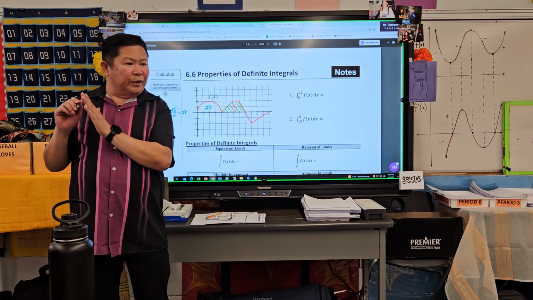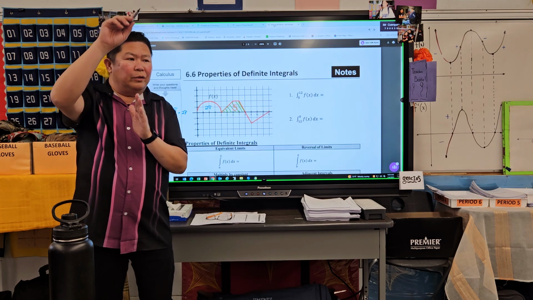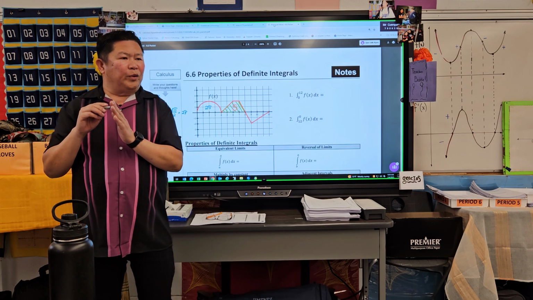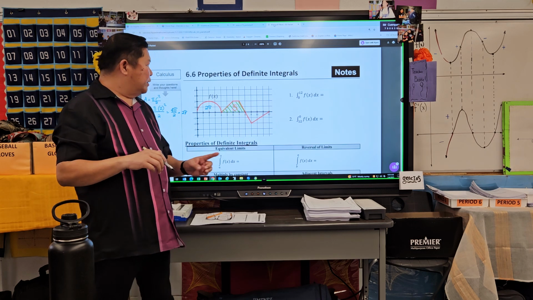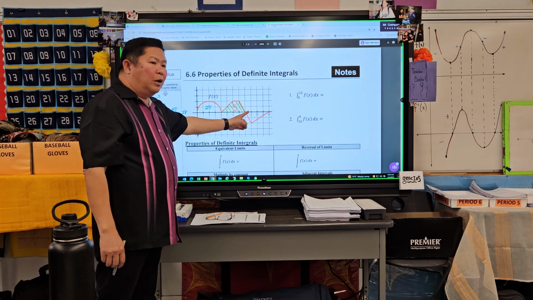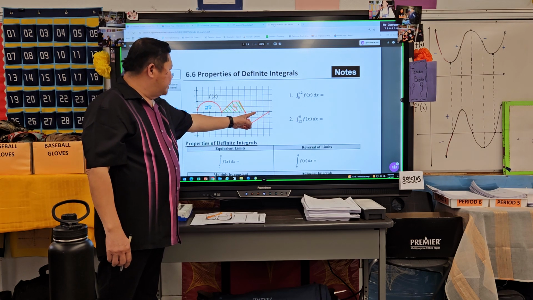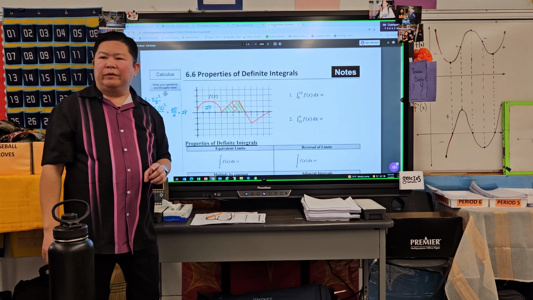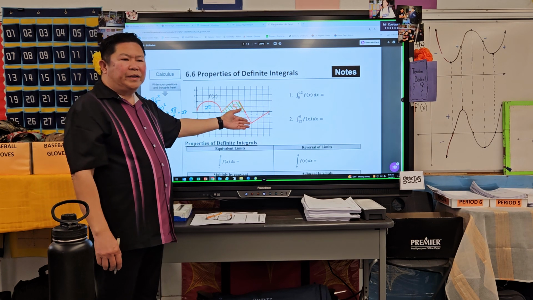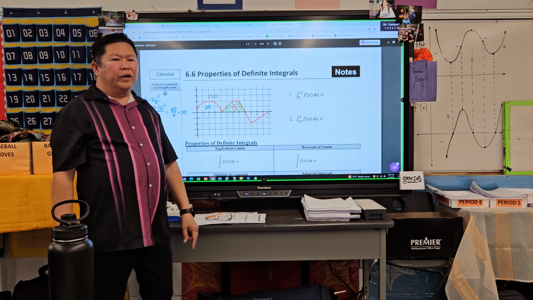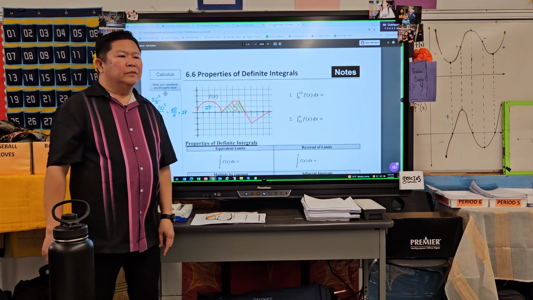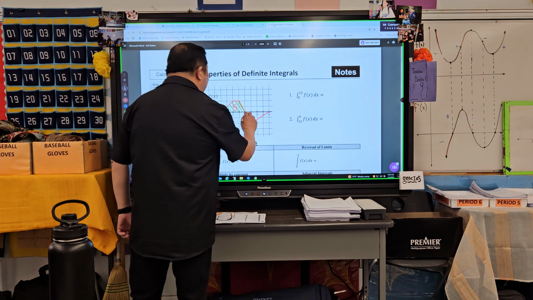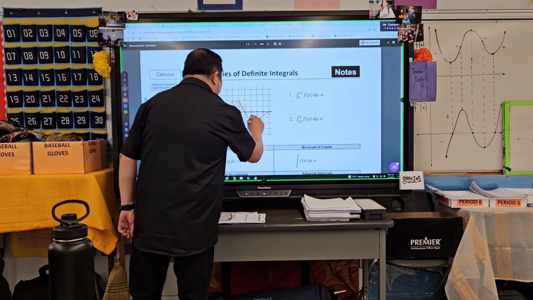Doing the right Riemann sum, we do trapezoidal, right? So this looks like a triangle. Look at this: 1, 2, 3, 4. What's base 1? 4. Do we have base 2? So what is 4 divided by 2? 2. And then what's the height? So therefore, the area of this is 4.